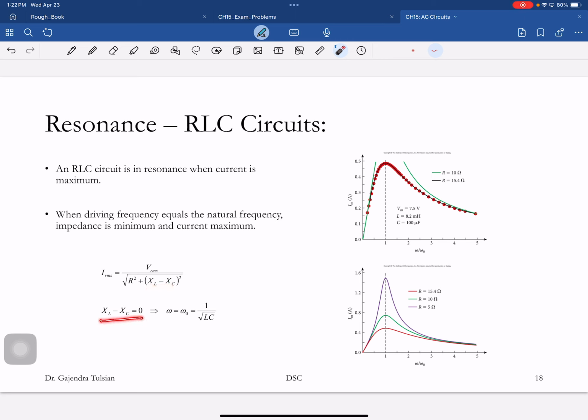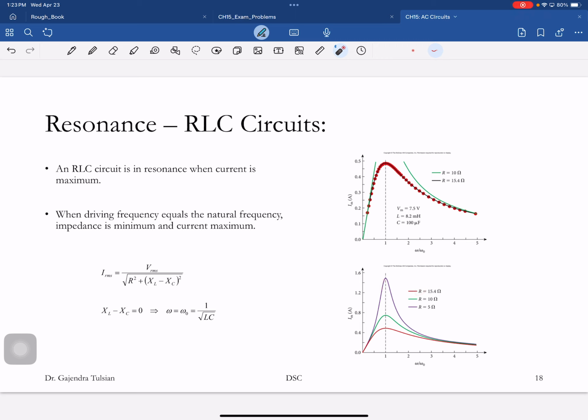So when this is 0, that corresponds to this frequency. So when power is delivered at this frequency, then the current amplitude is maximum. And of course, the amplitude of the current will depend on the resistance.